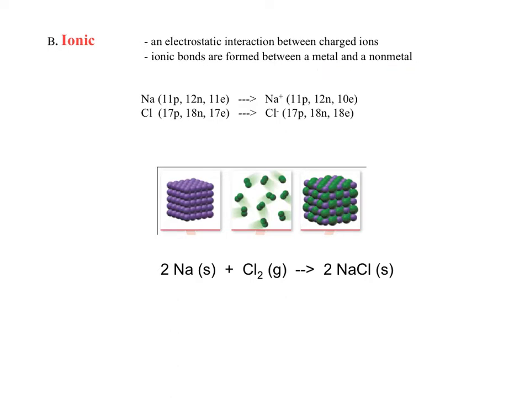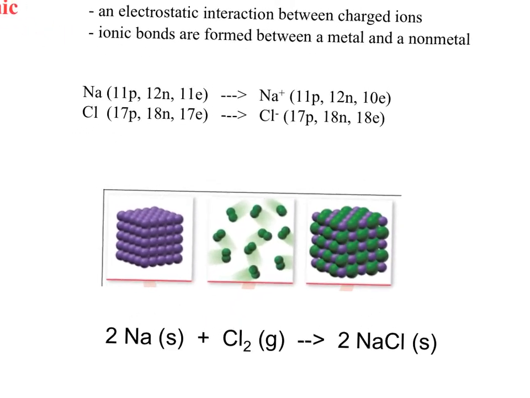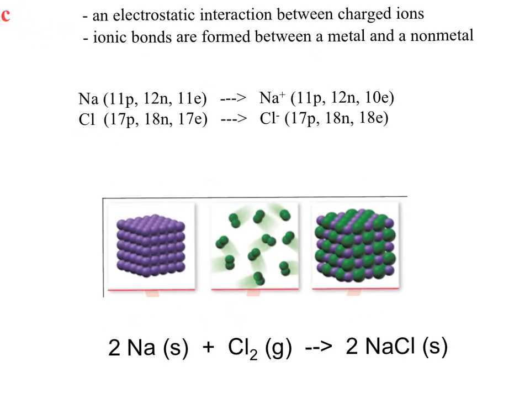Now, some of this you already know, but let's just take a moment here and think about it. In the case of sodium, the formation of the sodium ion, if you look in the periodic table, sodium is in position 11, so that means it's got 11 protons. It's going to have 11 neutrons if it's neutral, and I just picked some certain number of neutrons to make it a particular isotope.